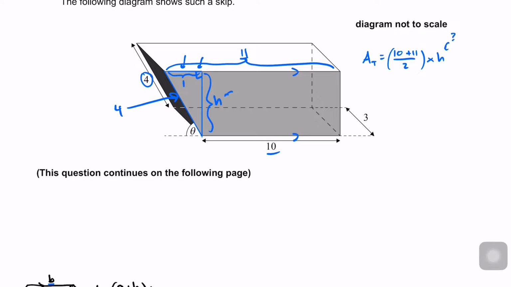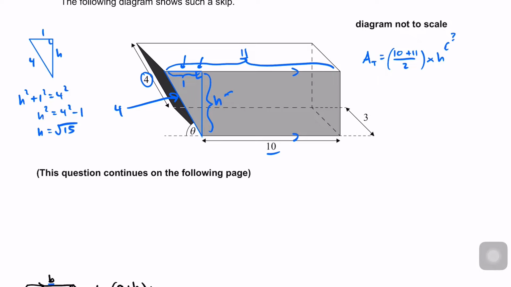So let me write this out. This is 1, this is 4, this is h essentially, and we have h squared plus 1 squared is equal to 4 squared. Or just getting h all by itself, it is 4 squared minus 1 squared, or just 1, and h is equal to the square root of 4 squared minus 1. 4 squared is 16, 16 minus 1 gives us 15.